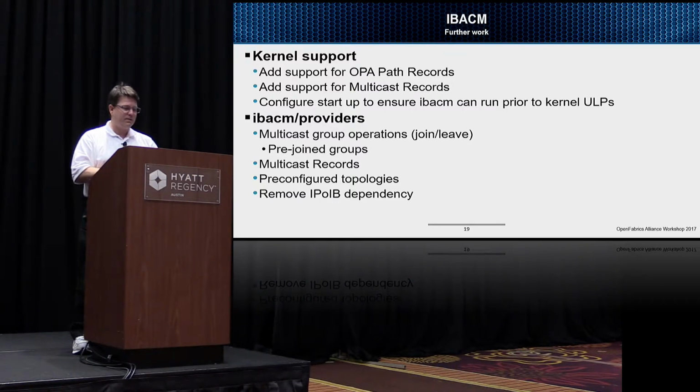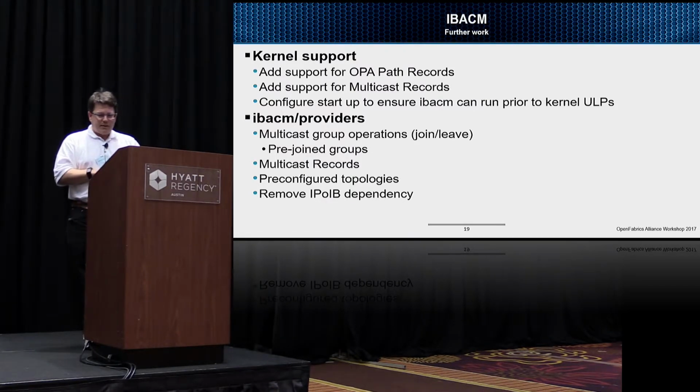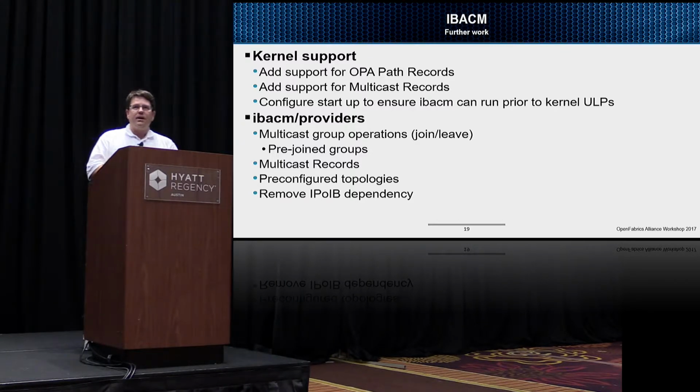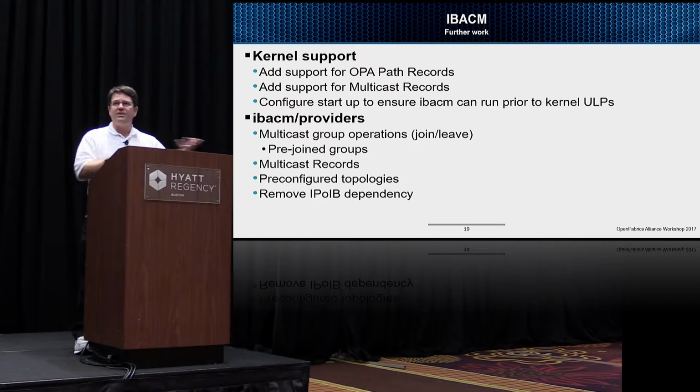Multicast records, similar. And pre-configured topologies. This allows us to have topologies that are homogeneous and pre-configure Ibacm with a cache, if you will, of path records. It would be like using the ARP cache daemon and preceding that ARP cache with a bunch of ARP entries.